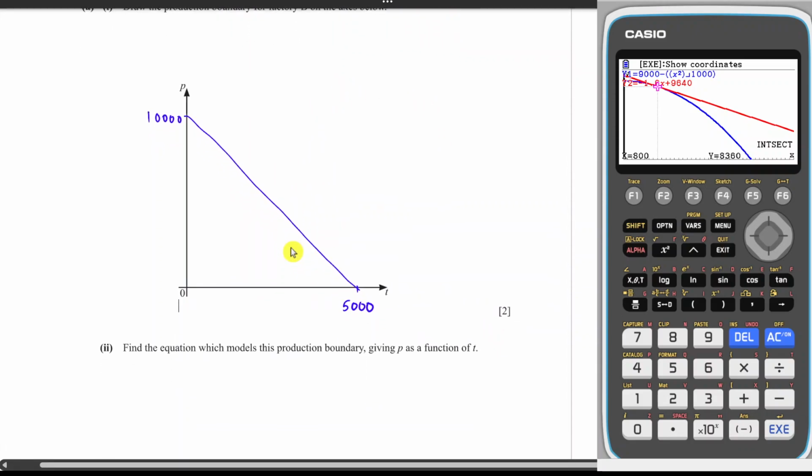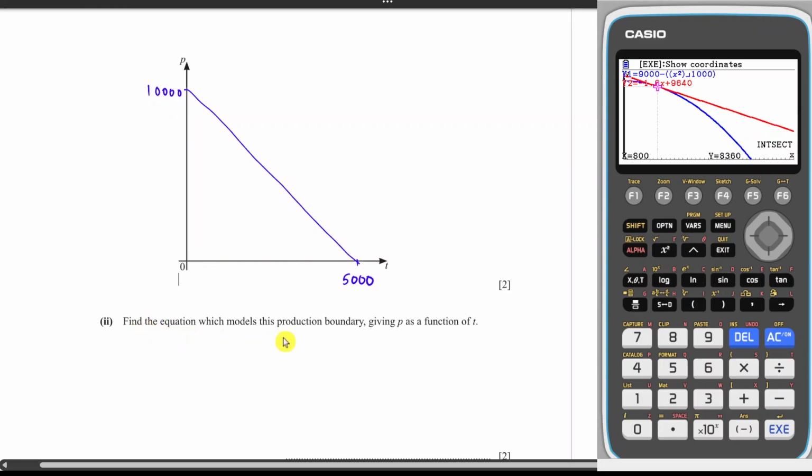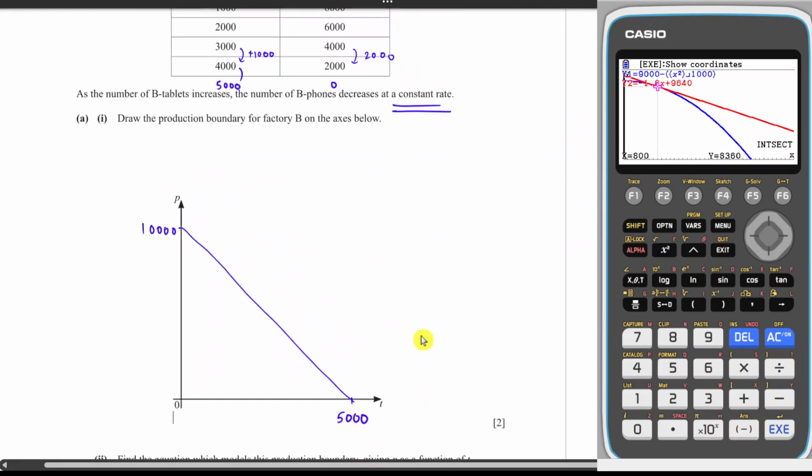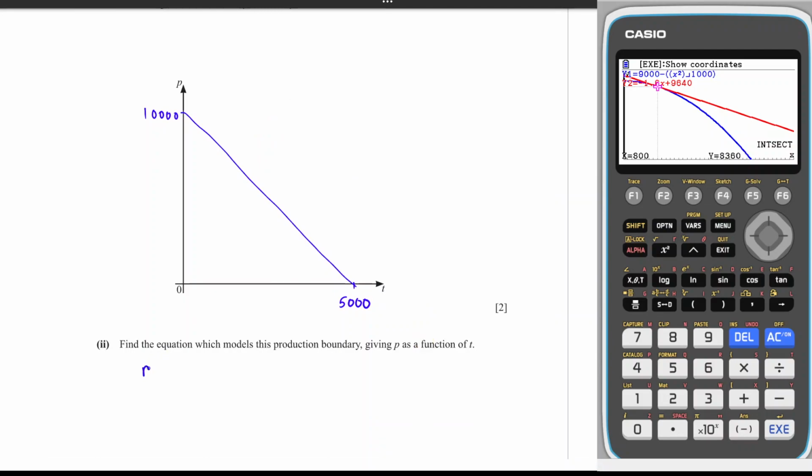So this is my production boundary for this. It's a linear curve, not a curve actually. So find the equation which models this production boundary giving P as a function of T. I can easily make out now what is my value of M. M is rise over run. It's a negative slope for sure, which I can write as 0 minus 10,000 upon 5,000 minus 0, which gives you minus 2.